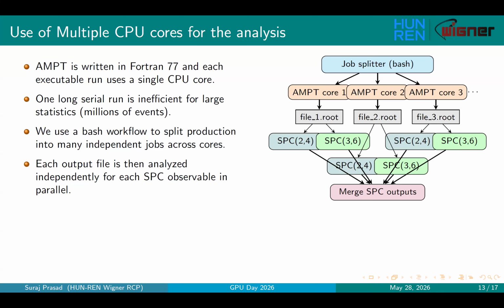So we wrote a bash script which creates several copies of this file and runs them on several cores simultaneously. Each of these simulations creates separate root files, and then I run the symmetry plane correlations in parallel on each of these root files, and I obtain the final output, which are then merged together for my results.